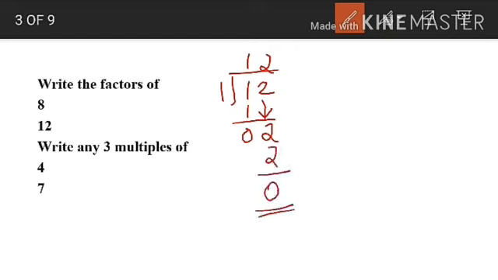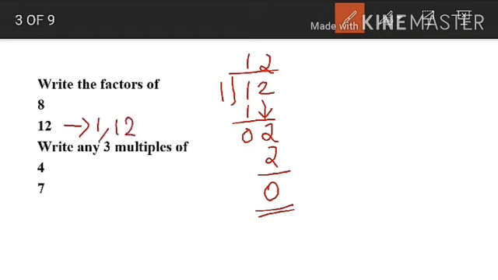That means there is no remainder. 12 is divided by 1 with no remainder. That means 1 and 12 are both the factors of 12.